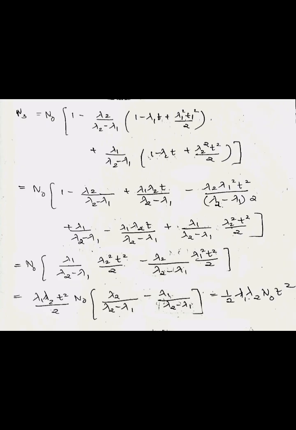This is equal to N0 into lambda 1 by lambda 2 minus lambda 1 into lambda 2 square t square by 2 minus lambda 2 by lambda 2 minus lambda 1 into lambda 1 square t square by 2. This is equal to lambda 1 lambda 2 t square by 2 into N0 into lambda 2 minus lambda 1 by lambda 2 minus lambda 1. This is equal to half into lambda 1 lambda 2 N0 t square. So this is the answer.